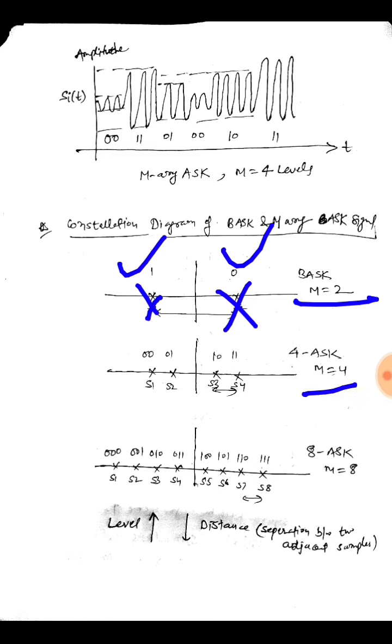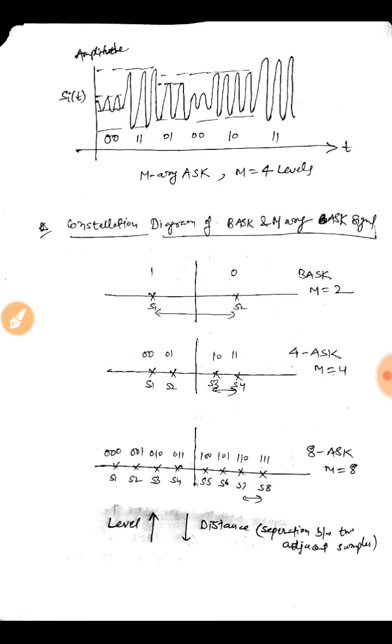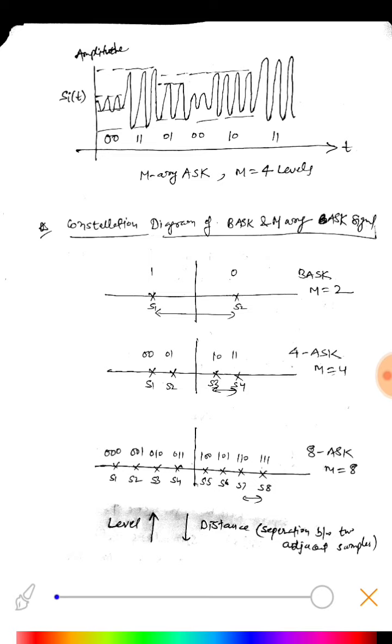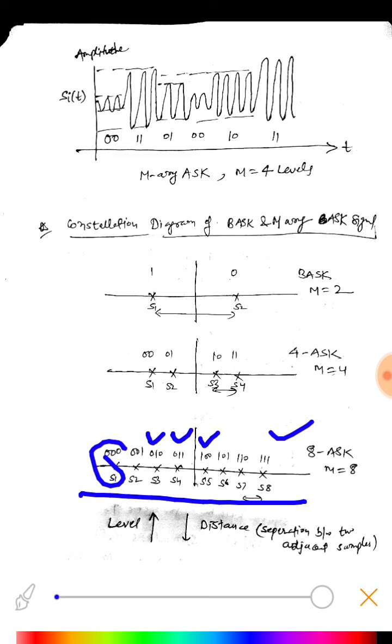If M is equal to 4, then we will have 4 symbols, and all of them will be represented by 2 bits, that is 00, 01, 10 and 11. Similarly, if M becomes 8, then we will have an 8 ASK scheme, and in this we will have 8 symbols represented by 3 bits: 000, 001, 010, 011, 100, 101, 110 and 111.